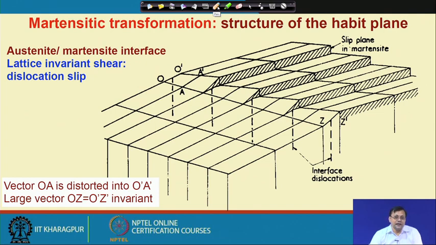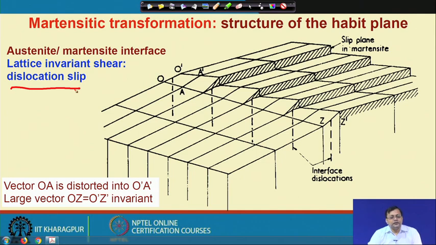The habit plane, I said, is the invariant plane which remains unrotated and undistorted during the martensitic transformation. Here is a habit plane I am going to show you, in the case where dislocation slip is the lattice invariant shear.